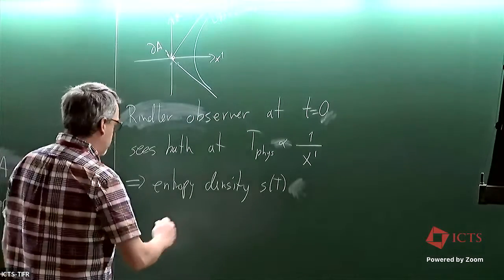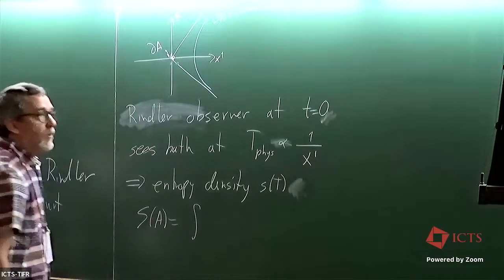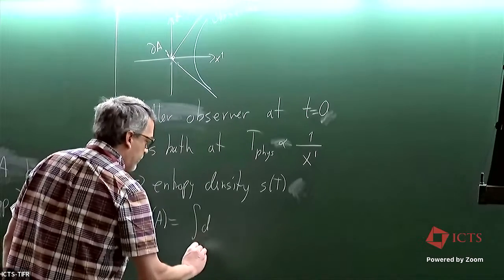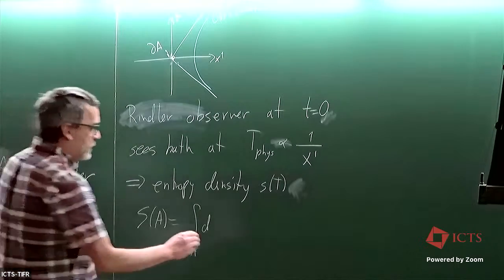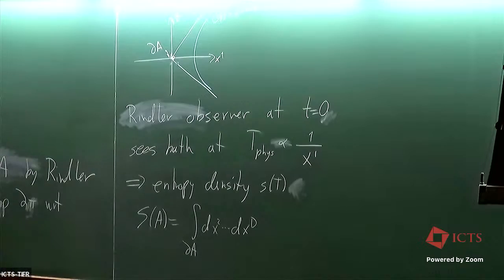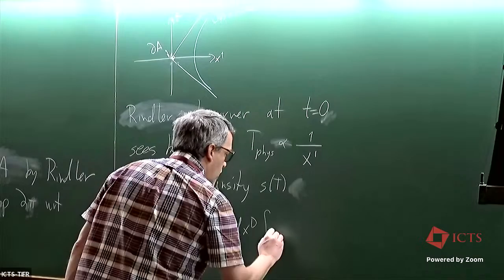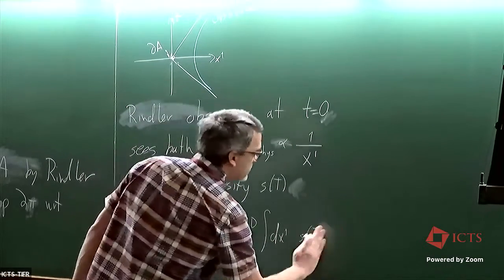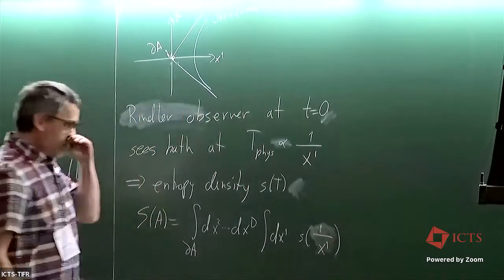And what you want to do, so S of A, then, is going to be an integral over the other directions, so over the entangling surface, of the other directions, x2 to xd. So that's the integral in this direction. And then an integral over x1 of s of t. And t here is 1 over x1. Okay?